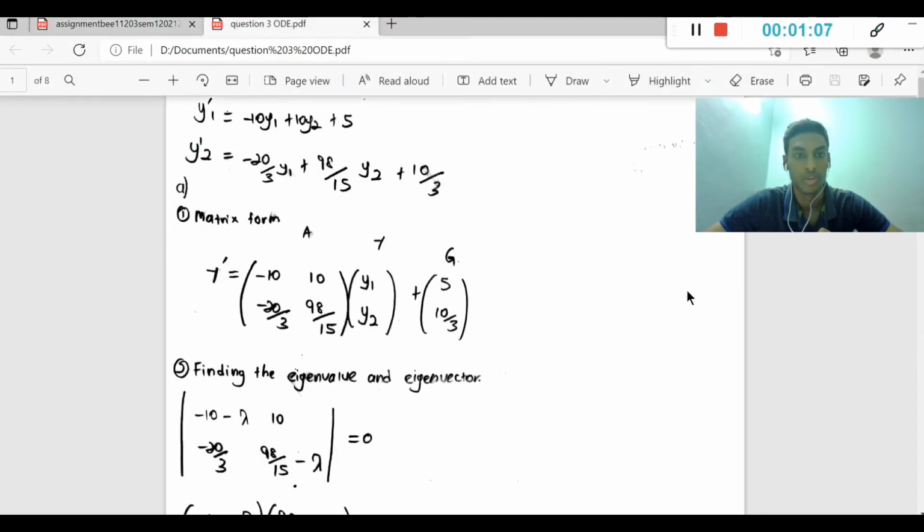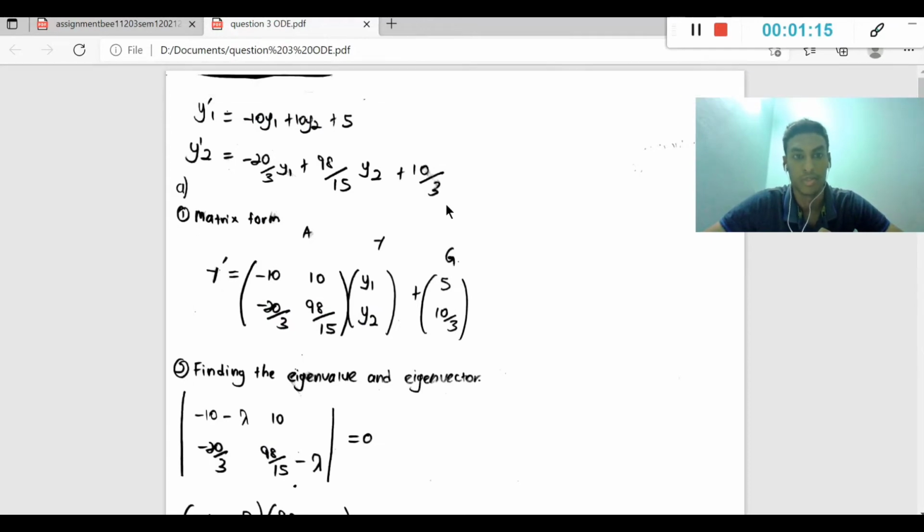Okay, so firstly we have to convert this differential equation into matrix form as shown here.